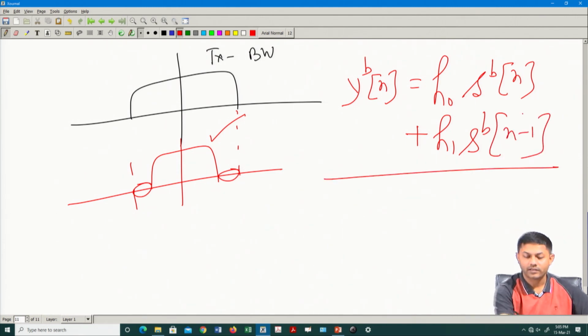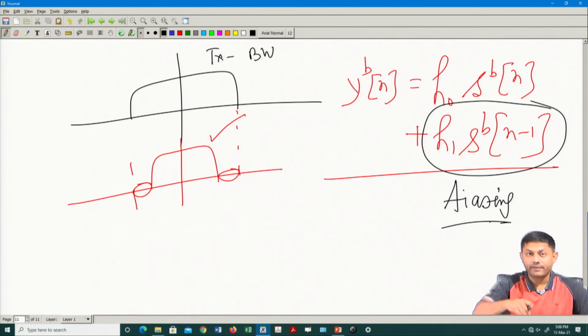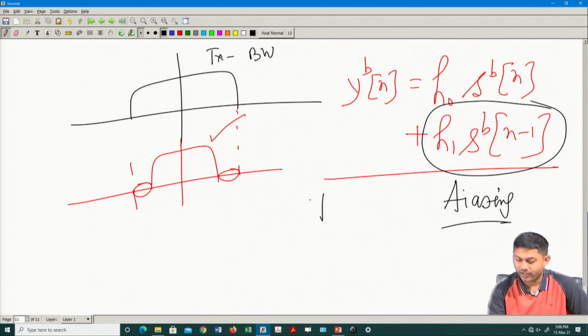What is this component? That is aliased. It will be creating a time domain aliasing, right. So, this is your time domain aliasing.